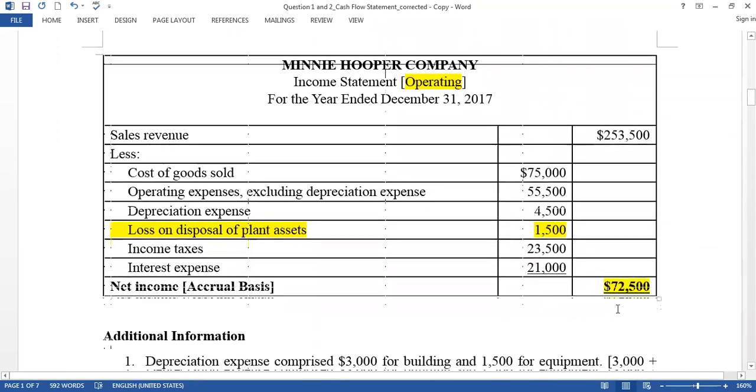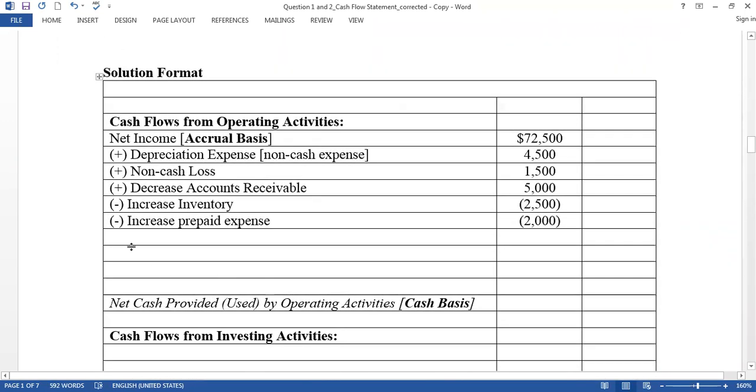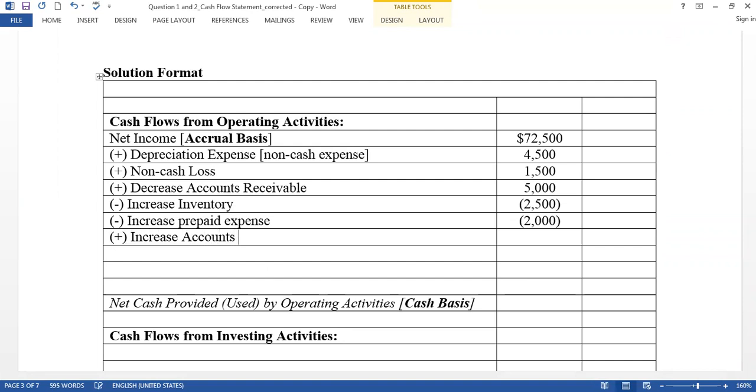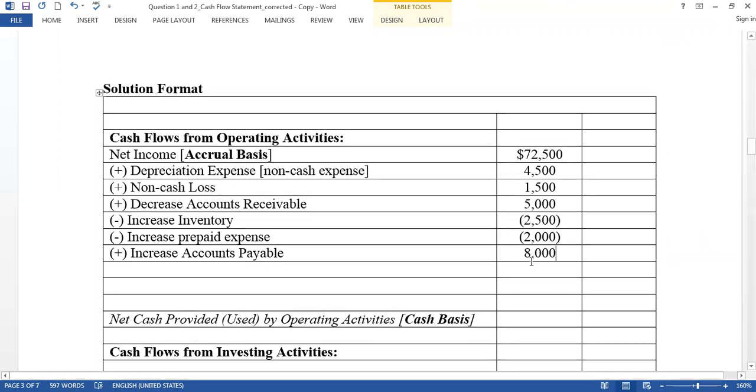So plus, increase accounts payable. So your liability increase means you are holding other people's money. It is $8,000.